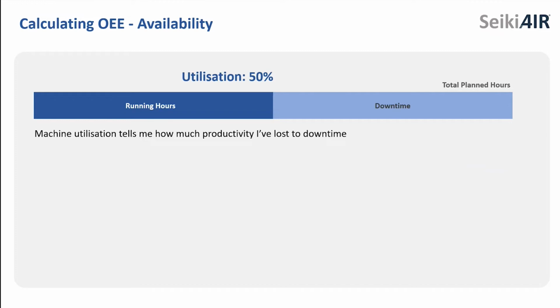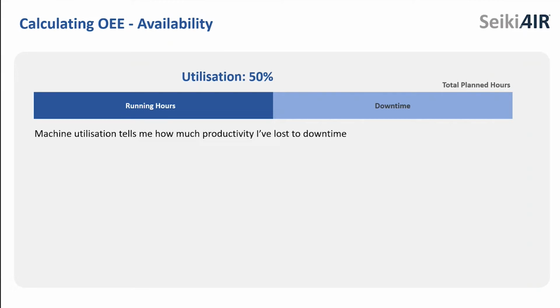So how much of my time, based on my planned hours, was my machine or my resource actually running for? And when it wasn't running, what were the downtime causes? Okay, so we take all of it as unplanned downtime. And that's a really good indicator to get started with, and it gives you an idea of those bigger, as I say, productivity losses that you can start putting some improvement initiatives in to tackle.